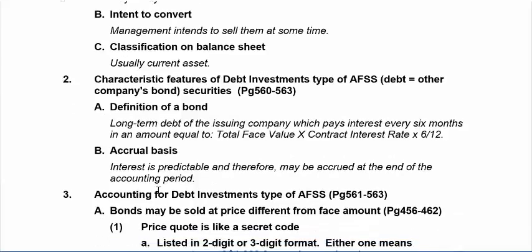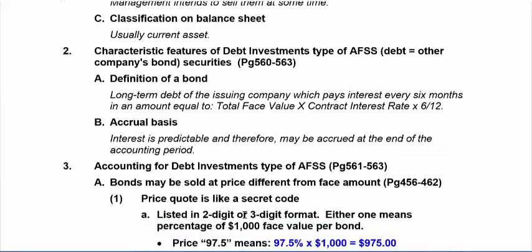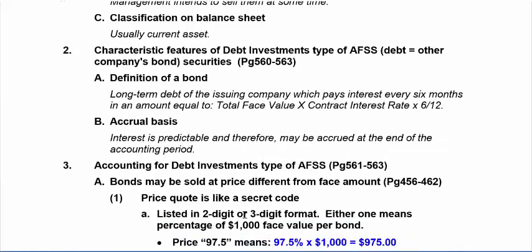When we account for investments in bonds, debt investments, the trickiness comes in regarding the price of the bonds. The price quote is kind of like a secret code. It's either a 2 or a 3-digit format, and it means one of two things.